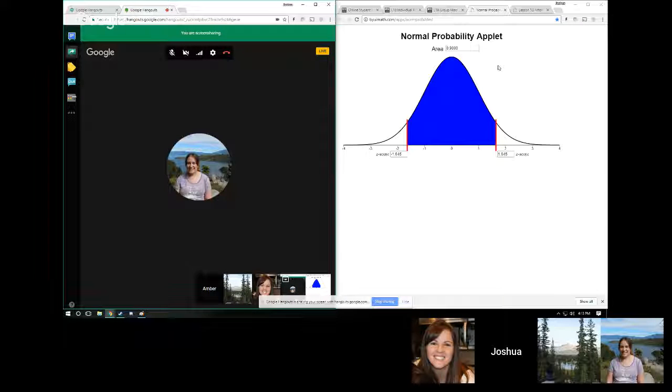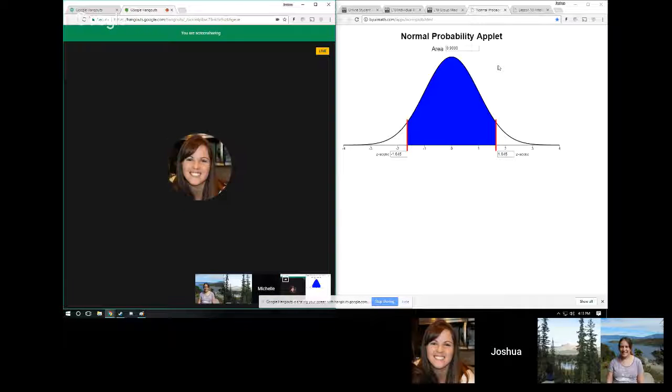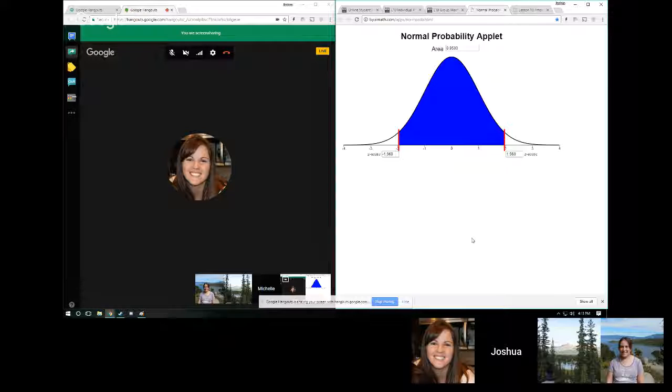No, so you want just the middle selected and then type in 0.95 to get the z-score. 0.95. So you're getting 1.960 for your z-score. Okay, am I typing that in as the z-score or as the area? Yeah, you're right. Sorry, I was thinking of something different. Yeah, so you should get 1.960 for the z-score of 95%.